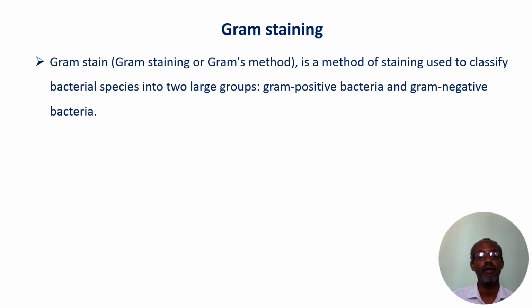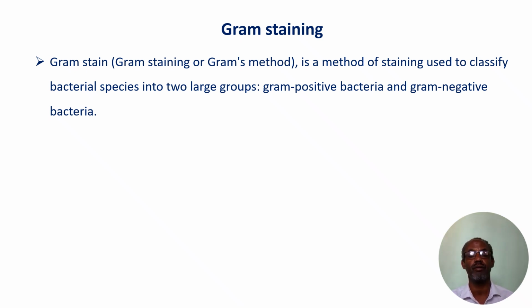Gram staining, or Gram's method, is a method of staining used to classify bacterial species into two large groups, gram-positive and gram-negative bacteria. Of course, stains or laboratory dyes are chemicals which have their own color and which impart some color to some part of a cell.